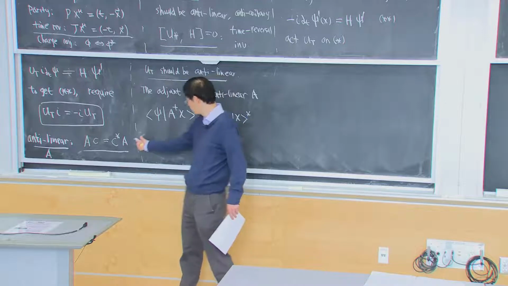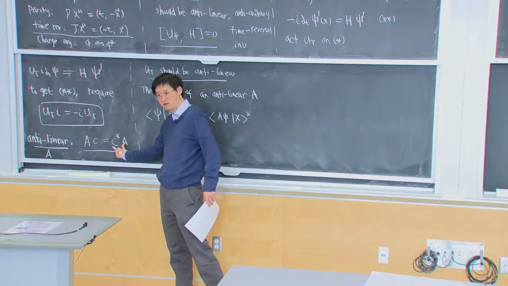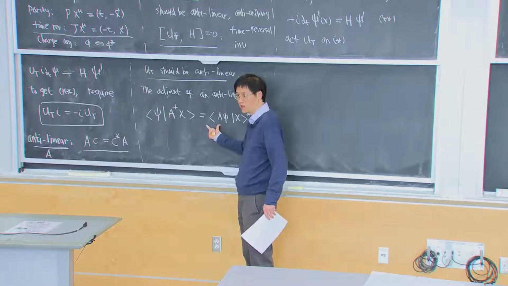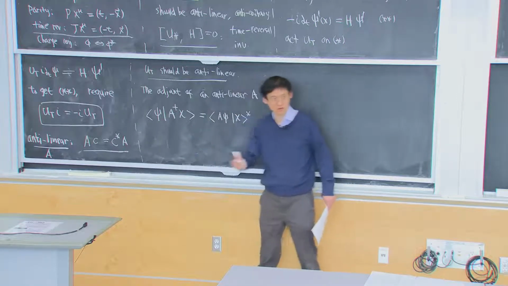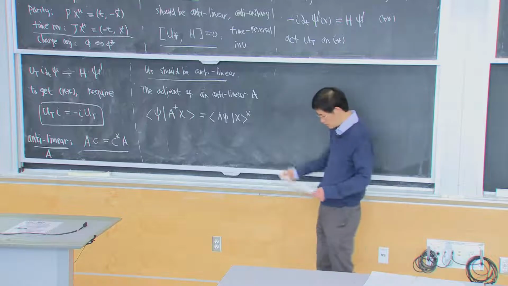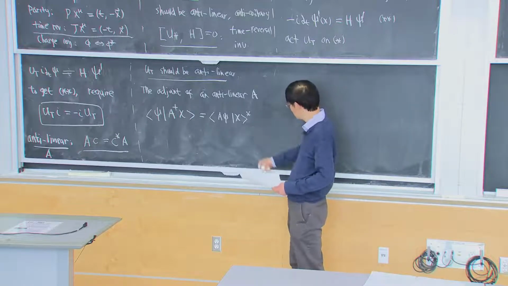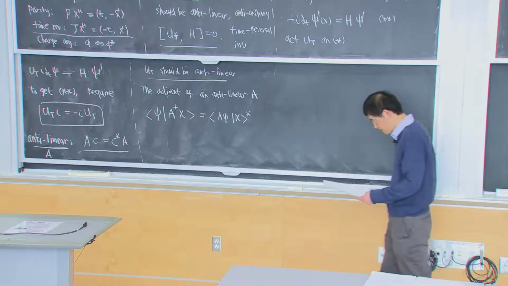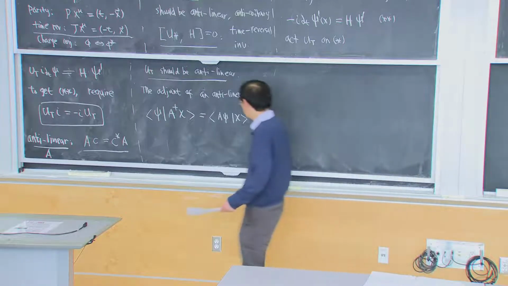To be compatible with the property of the antilinear operator, you define the adjoint this way, so that you have a consistent story. I will leave it to you as an exercise to show this is the right definition.